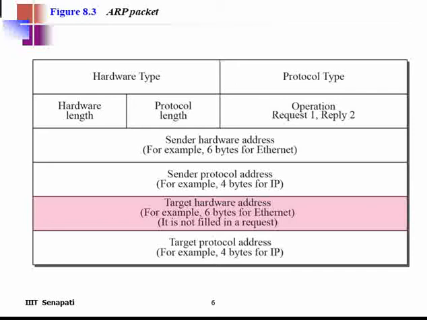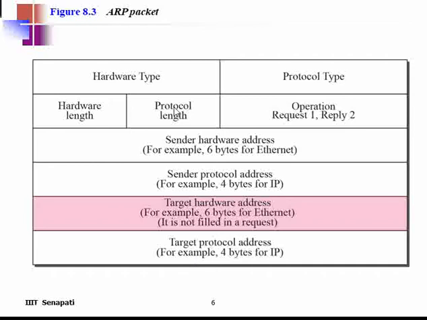For example, Ethernet has been given the type 1. Similarly, other types of networks are there. So, depending on the physical network, this hardware type will get some value. However, you should understand that ARP can run on any physical network.